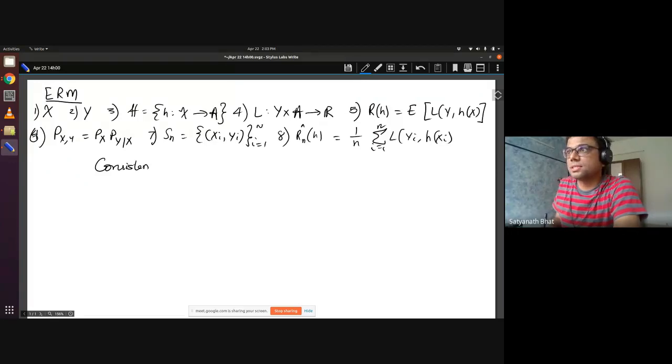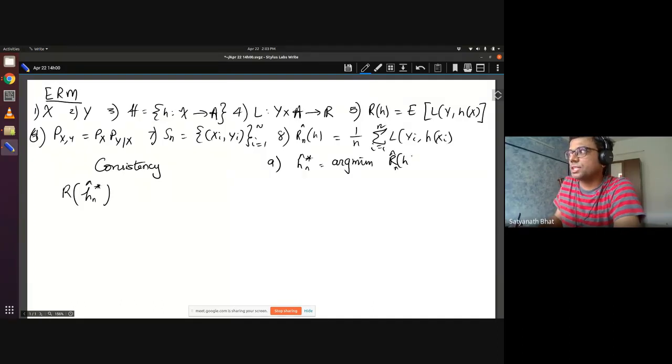So consistency says that the true risk of whatever is returned by your classifier, Hn hat star, is basically the argmin of R hat n of H, H belonging to H. This is what your learning algorithm can give, whereas what we want is the best in our bag.